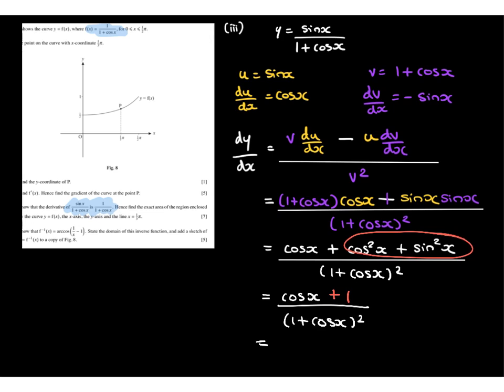And if you divide the numerator and denominator by cos x plus 1, we get 1 over 1 plus cos x. Now, what we have done is shown that if we start with sine x over 1 plus cos x and we differentiate it, then we get to 1 over 1 plus cos x, which means if we integrate 1 over 1 plus cos x, we get to sine x over 1 plus cos x, using integration and differentiation as reverse processes of each other.